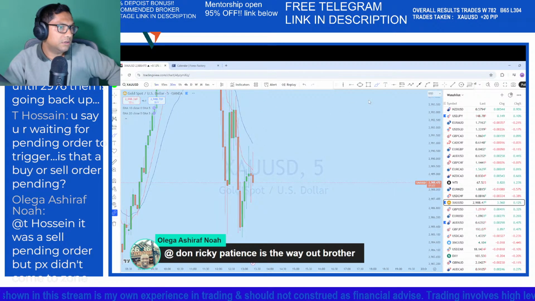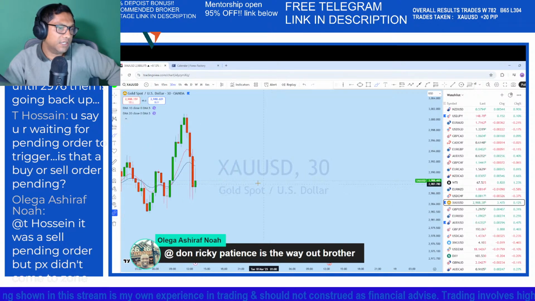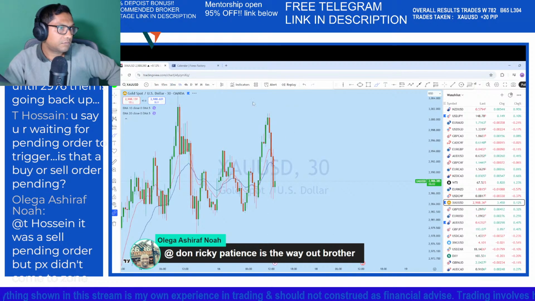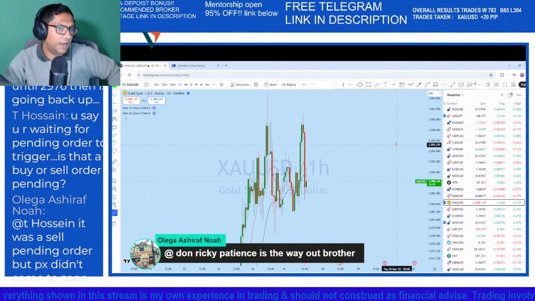So with that in mind, we can see there is a doji.